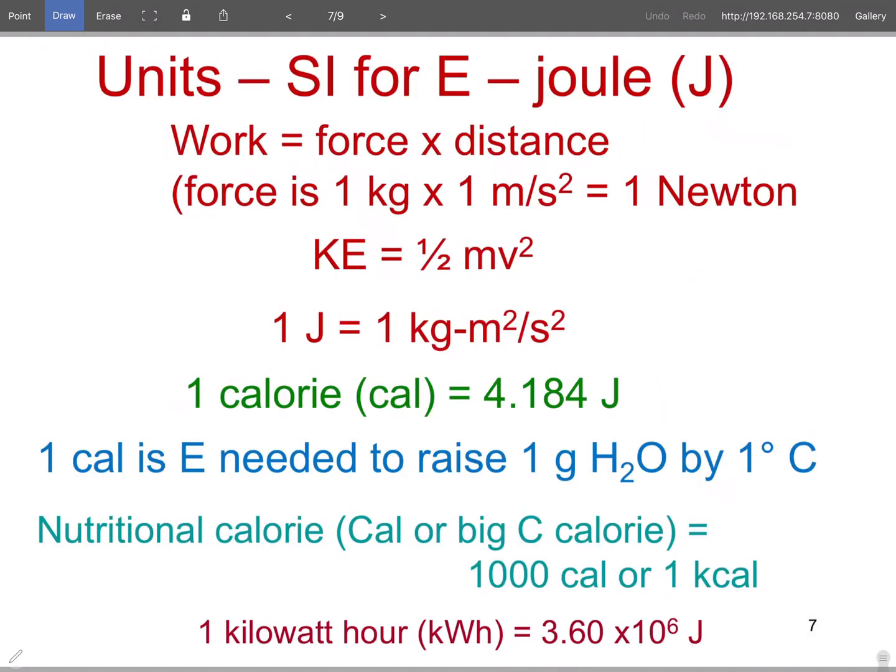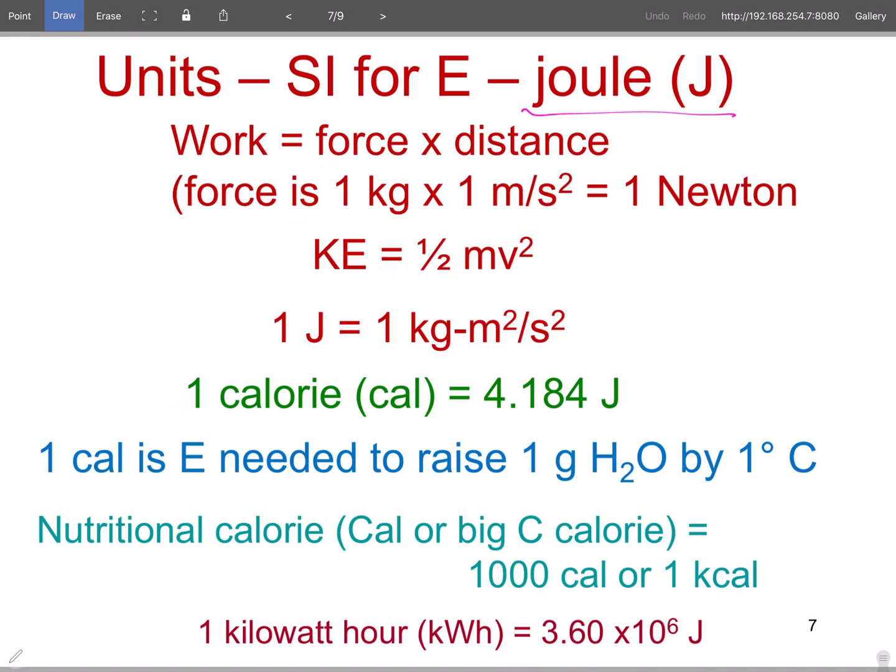So the next units associated with this section, and we will work a number of more density problems in the extra problems and as we go, but that's our basics there, are the SI units for energy.